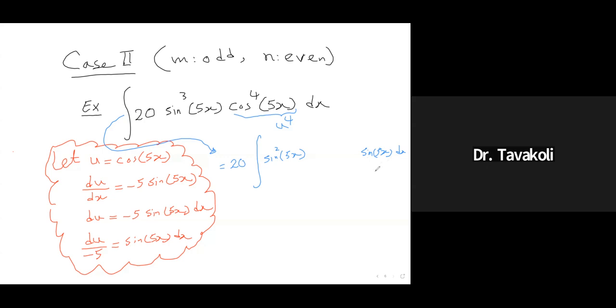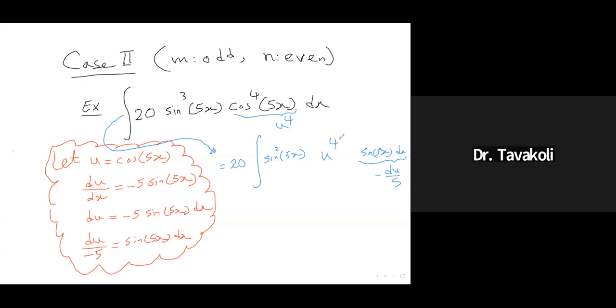The reason that we did that is because sine of 5x dx is in fact minus du over 5. I'm referring to this part. And I had cosine to the 4, which is u to the 4.